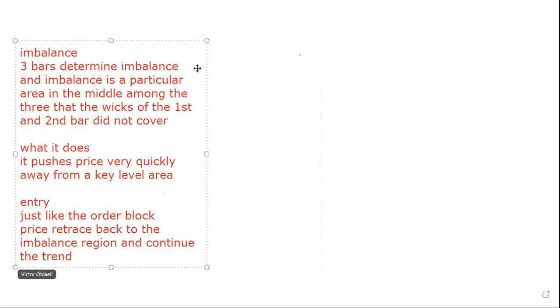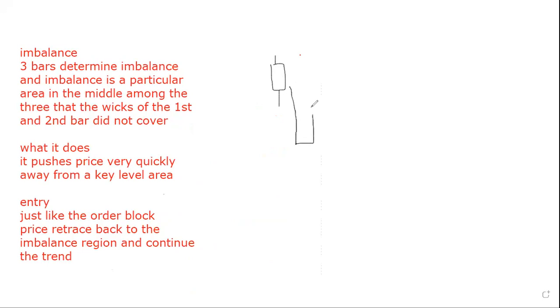Good. Now, let me draw them. This is bar 1. This is bar 2. This is bar 3. 3 bars determine the imbalance.